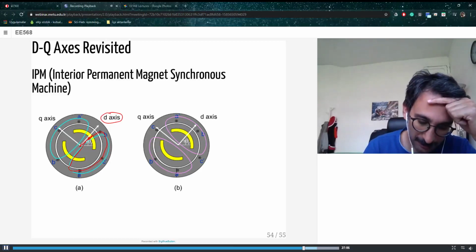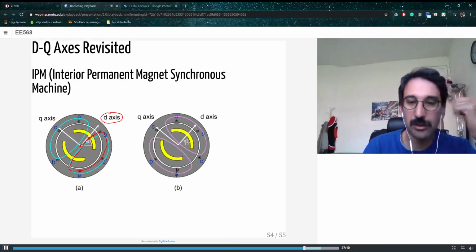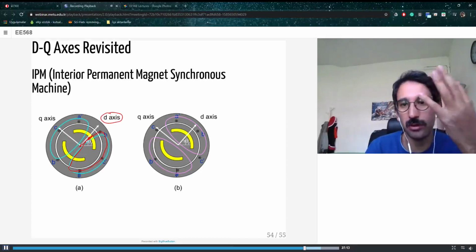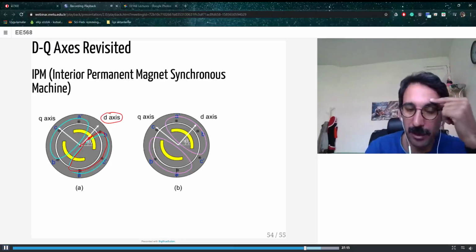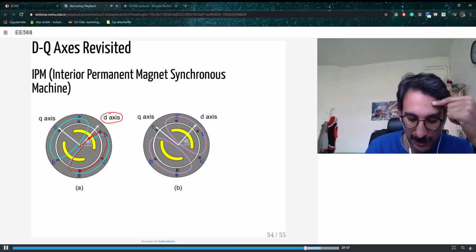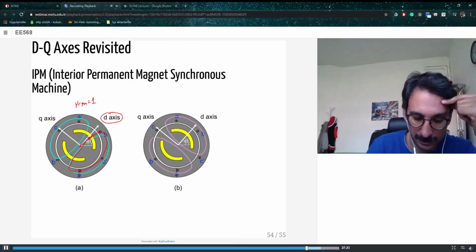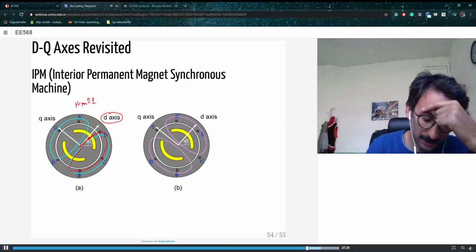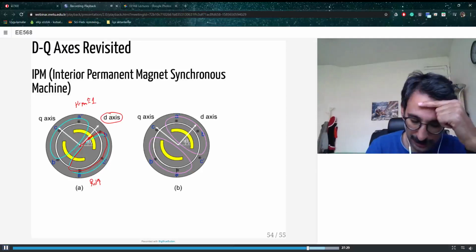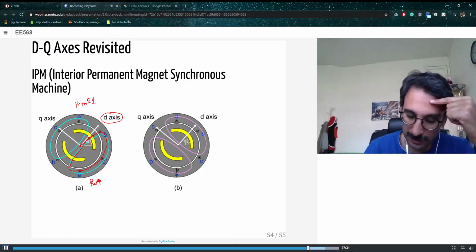Of course, the dimensions can be different, but in this case, in the d-axis, you have to pass through 4 air regions. I'm counting the permanent magnets as air, because the permanent magnet relative permeability is close to 1. So in this case, RD is large, the reluctance is large.